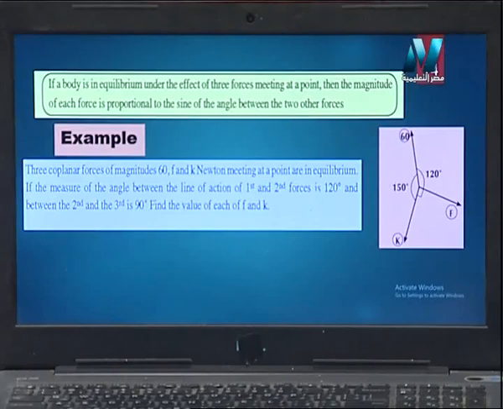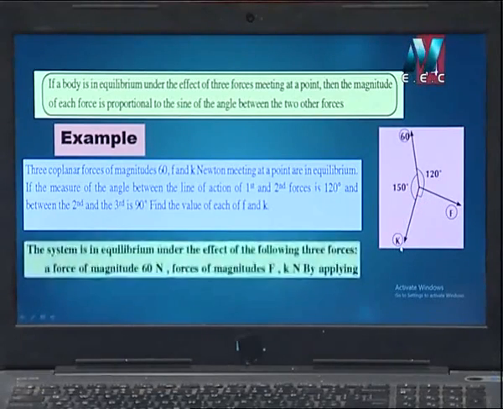We have to draw. We have three forces acting at a point: F the first force, and 60 the second, and the enclosed angle is 120 degrees between them. We have 60 and K, the second and third forces, enclosing 150 degrees, and F and K enclose 90 degrees.